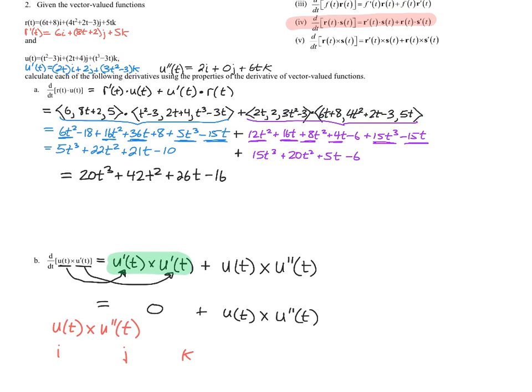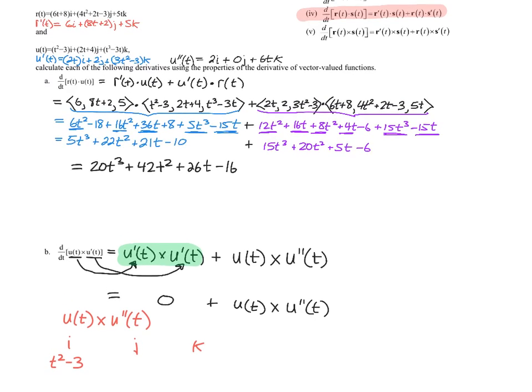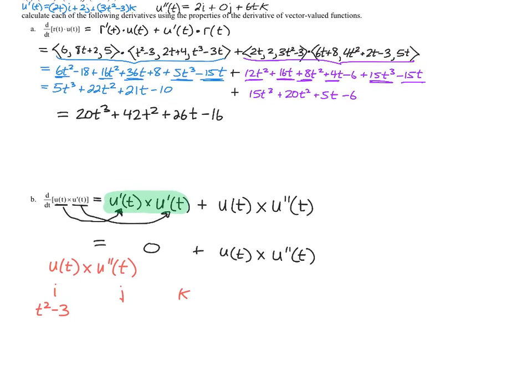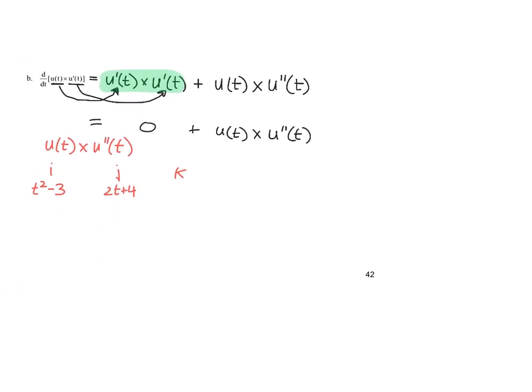The first row is t squared minus 3, 2t plus 4, and the last component is t cubed minus 3t.